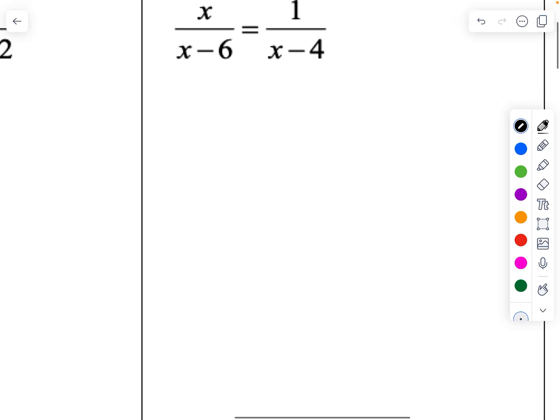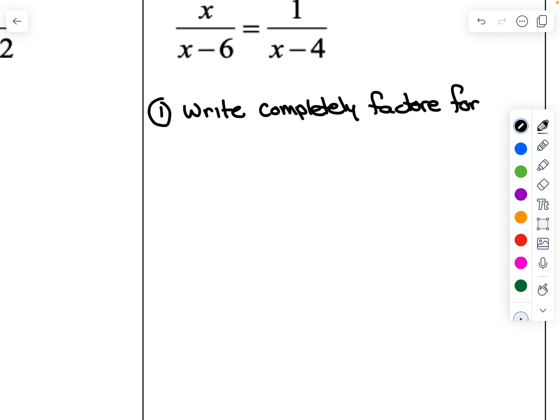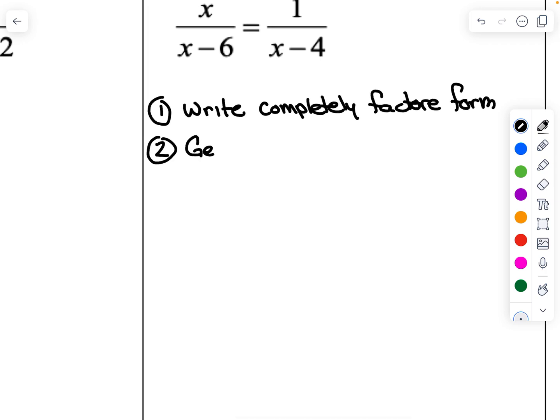Step 1. And then we're going to do a common denominator.